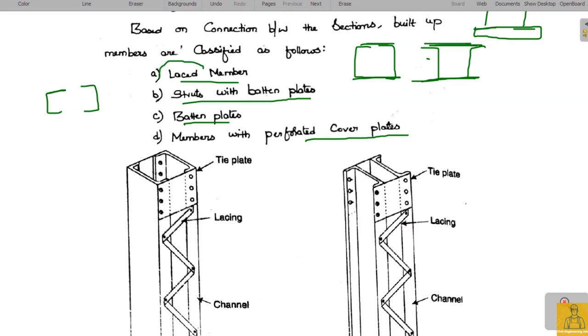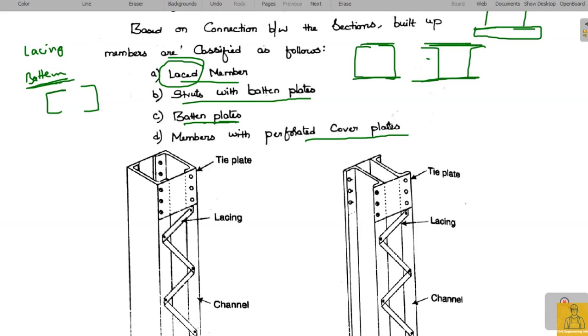One of the connection systems is lacing, and the other one is batten plates. And struts with batten plates is a little different, based on how these batten plates are used to connect these two plates.